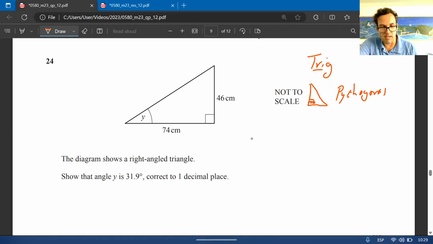Pythagoras is, if we're going to right angle triangle, we only work with the lengths of the sides. So you want to work out one length, you got the other two lengths, you use Pythagoras. And then also the moment we involve an angle and some of the sides, you want to know the angle, you want to use the angle, that's when we do SOHCAHTOA.